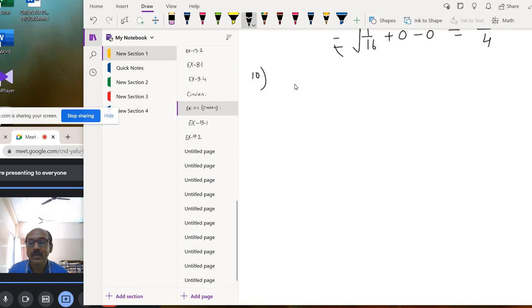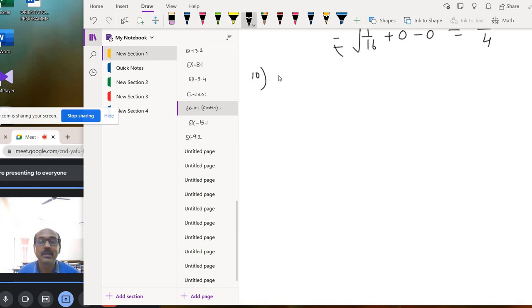So the question is to find the equation of the circle. Two points are given, and we know passing through a point means the x, y values satisfy the equation. And the center lies on the line 4x plus y equal to 16, the second condition.